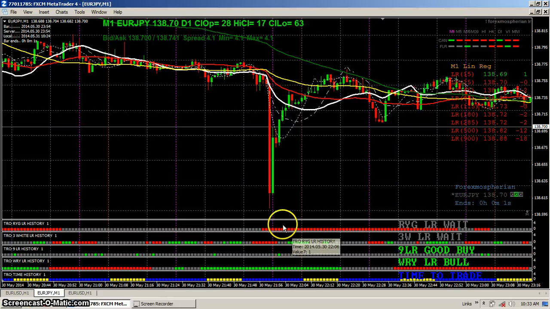So these two greens override the red, and once again, 20/20 hindsight, but in the heat of the battle, it looks like if you've got 2 or more of these in agreement, that's when you can take a trade. Now, that's just what I see. You'll have to let me know your way of thinking.